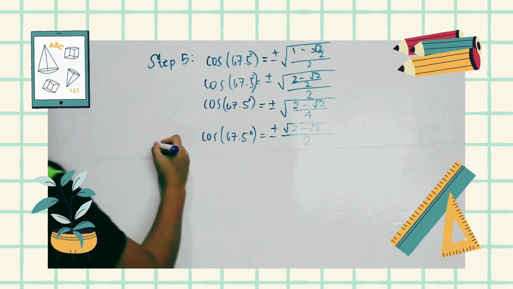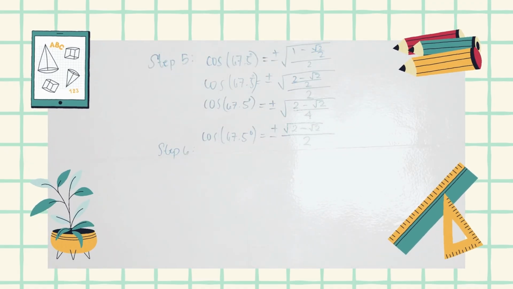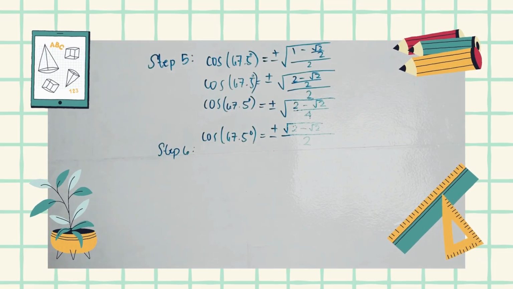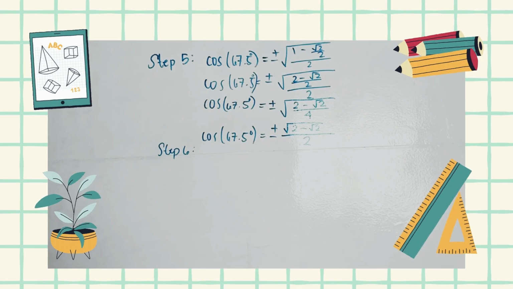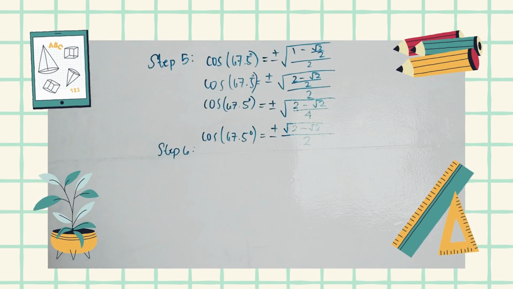Now for step 6, let us determine the sign. Now we decide whether the answer is positive or negative. 67.5 degrees is in quadrant 1, and in quadrant 1, cosine is positive. So we drop the minus sign and keep only the positive root.